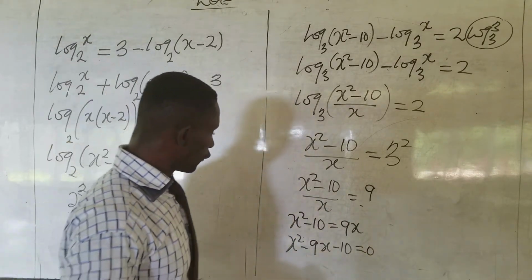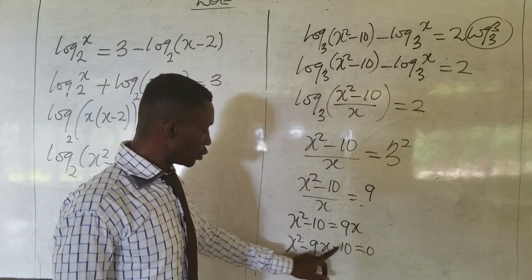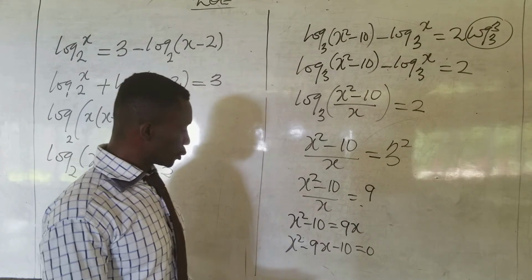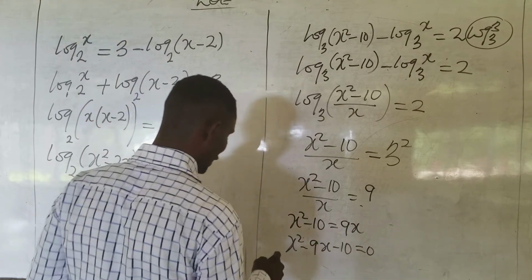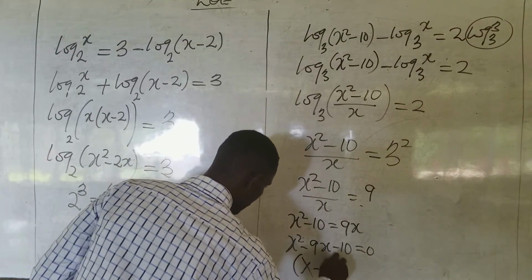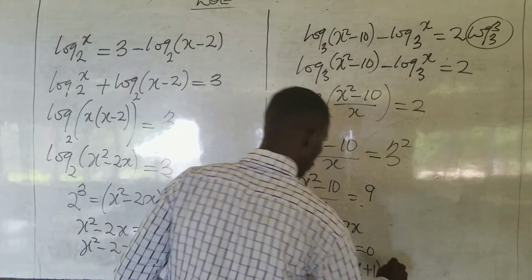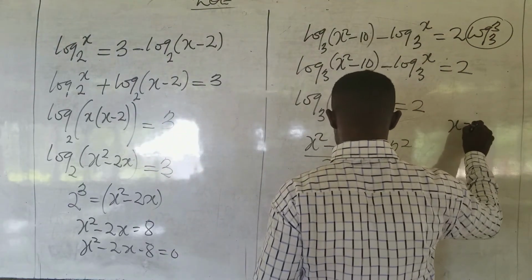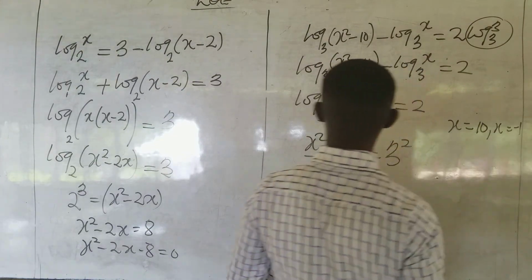You see that? So look for numbers that when you multiply, you get negative 10, and when you add, you get negative 9. So it should be negative 10 and 1. So you get x minus 10, x plus 1 is equal to 0. Obviously, you get x is equal to 10, x is equal to negative 1.